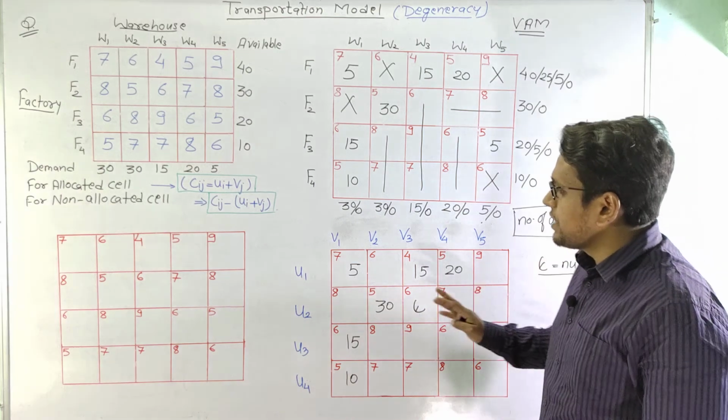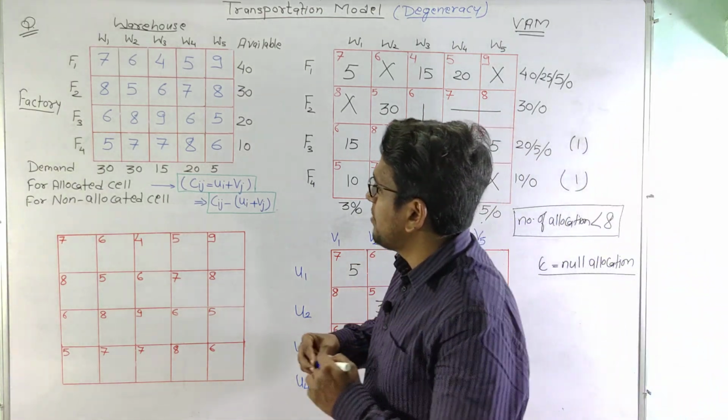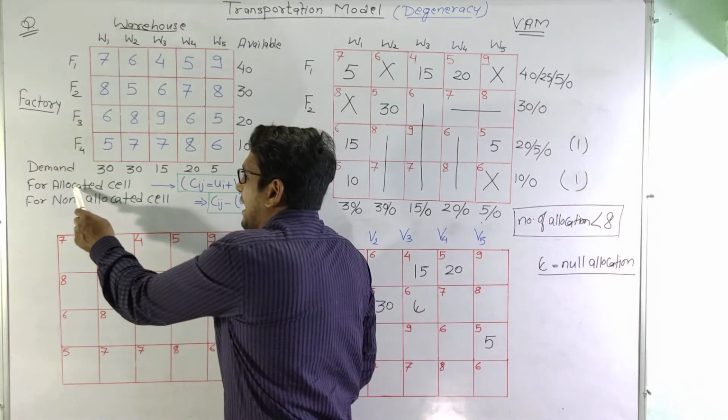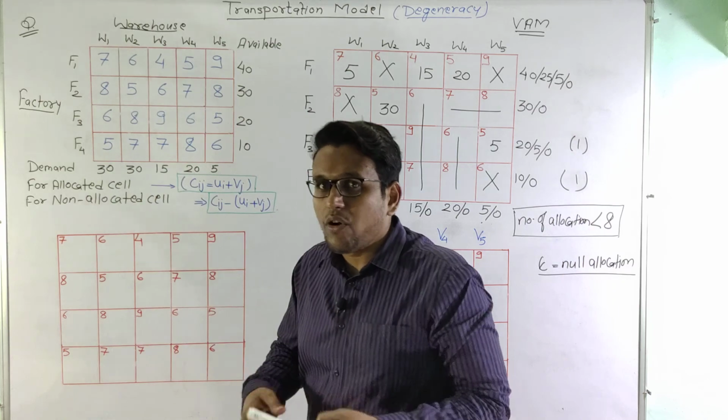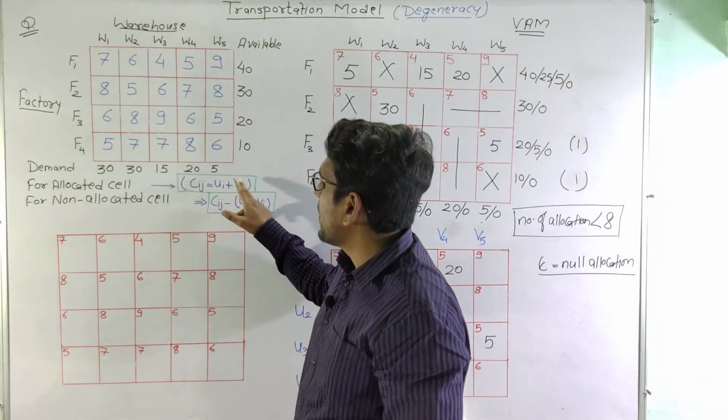Now we need to calculate the values of u's and v's. So we'll do it with the help of these 2 points. First is that for the allocated cells, which we call basic cells, Cij is equal to ui plus vj.